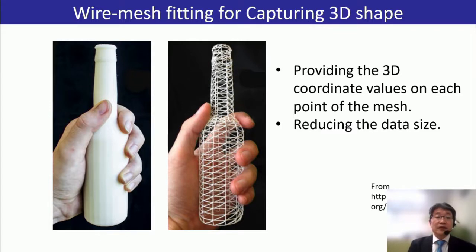This wire mesh provides the 3D coordinate values on each point, and reduces the size of the morphological data without compromising the quality of the 3D imaging.